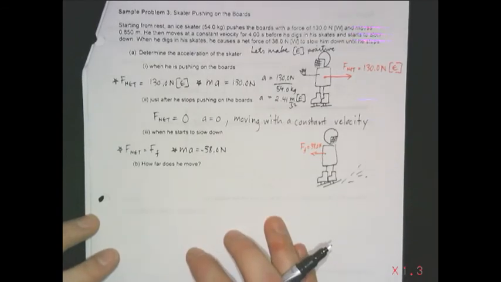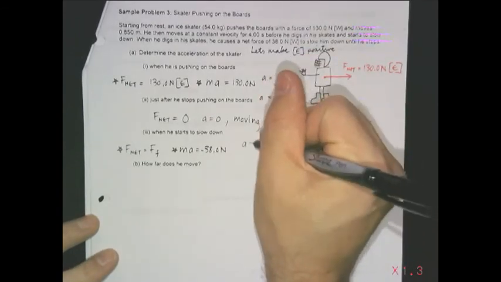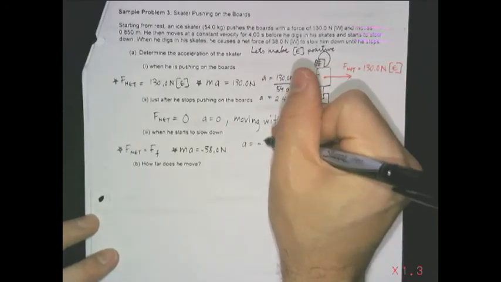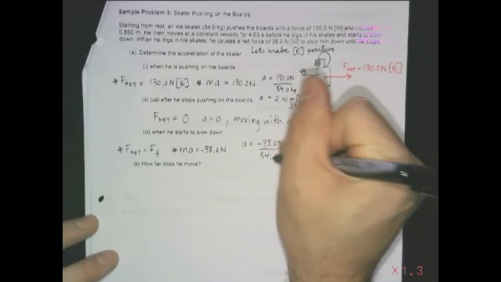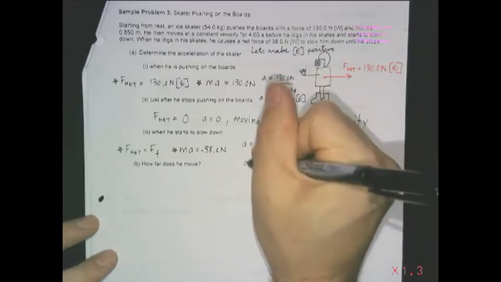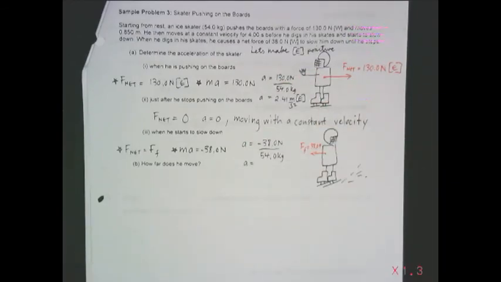So let's solve for the acceleration. The acceleration is negative 38.0 newtons divided by the mass of 54.0 kilograms. Let's punch this into our calculator and see what we get.